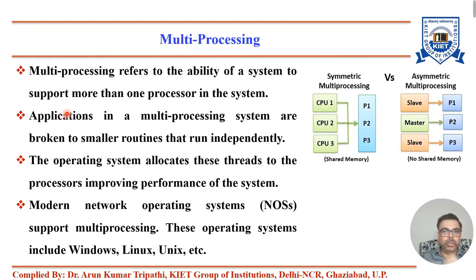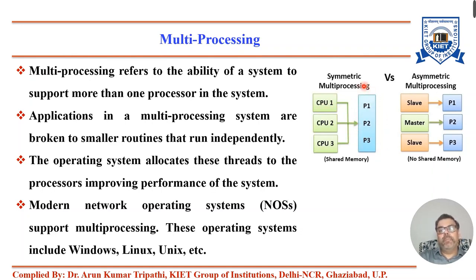Now, multiprocessing. As we have already discussed, in multiprocessing, more than one processor will be there. Here, symmetric multiprocessing: in symmetric multiprocessing, each processor shares the same memory.